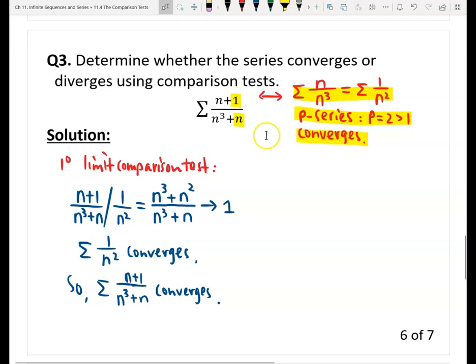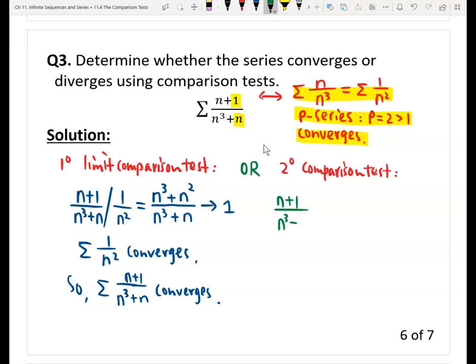Right? And the same, if someone would like to use the direct comparison, I'll also show you. If we use the direct comparison test, how to do it? No big difference. Can you see? And ours is n plus 1 over n third power plus n. Okay, this time it's easy to do. And this is less than here.